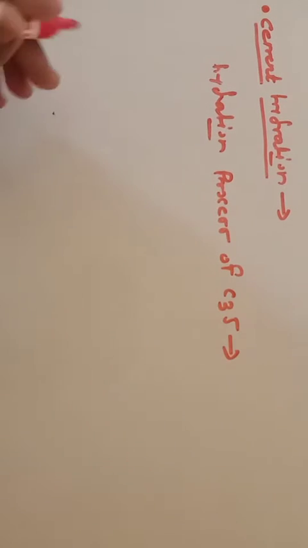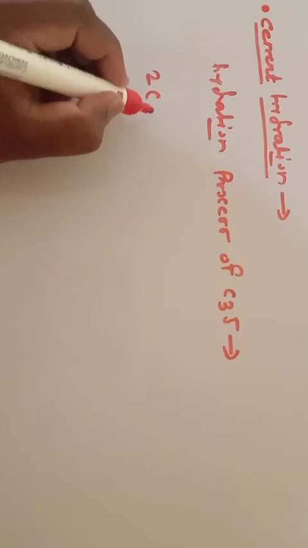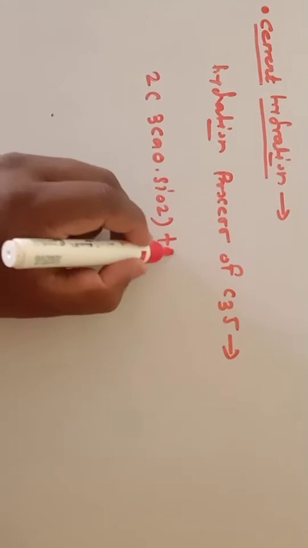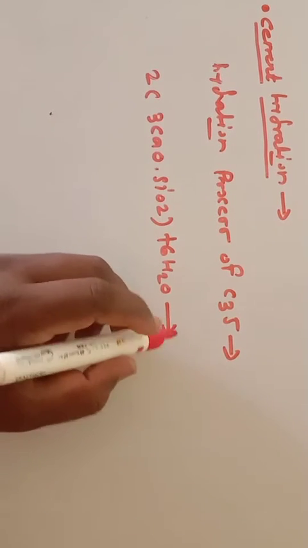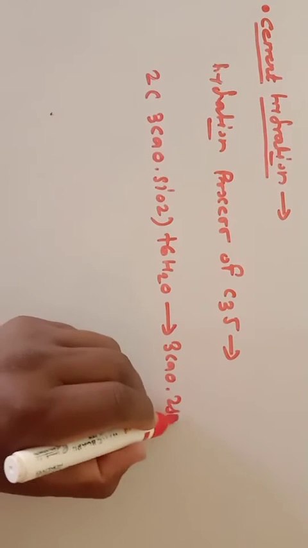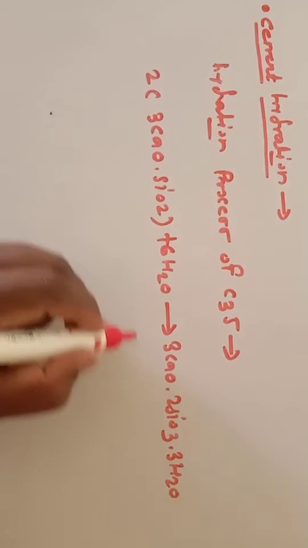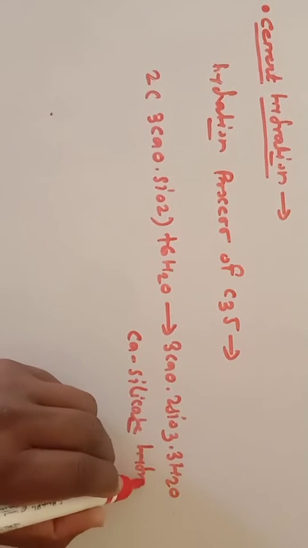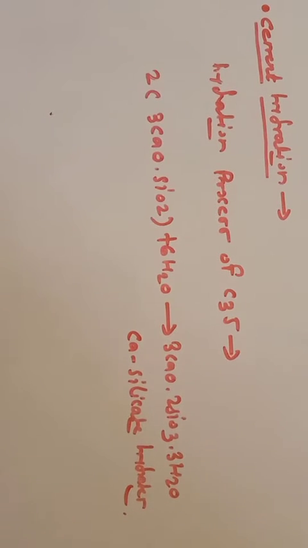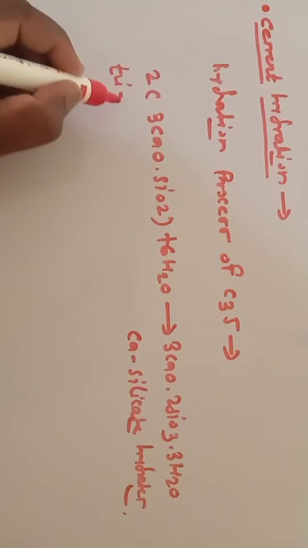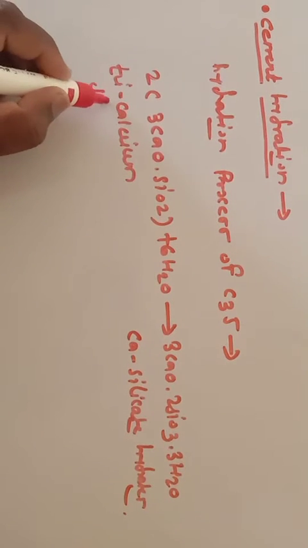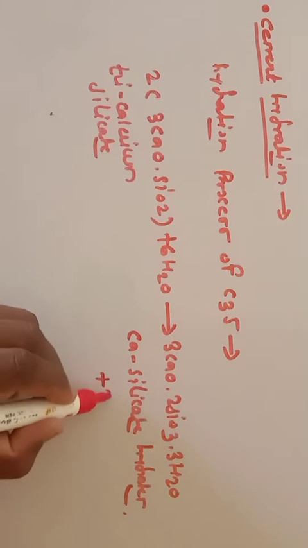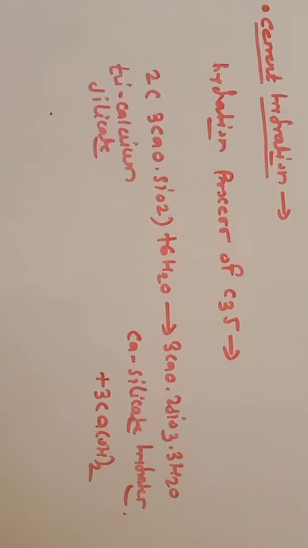In the reaction, two molecules of tricalcium silicate react with 6 water molecules, and there is a formation of calcium silicate hydrate, 3CaO.2SiO2.3H2O, plus 3 calcium hydroxide.